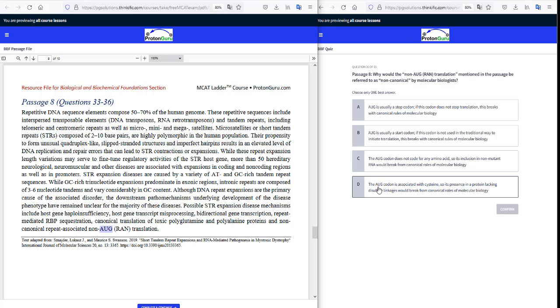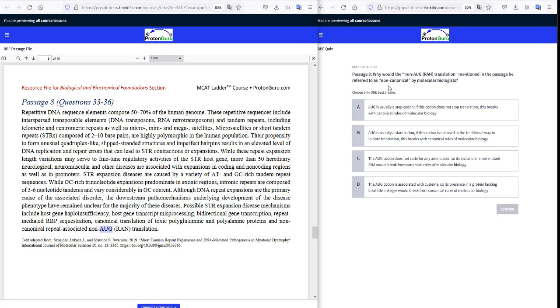And then here we say the AUG codon is associated with cysteine in this answer choice. Now that might be tempting if you remember that AUG codes for an amino acid, and cysteine and methionine are confusable because they're both the ones that contain sulfur. All right, so the only one that has correct information about AUG is that it is a start codon.